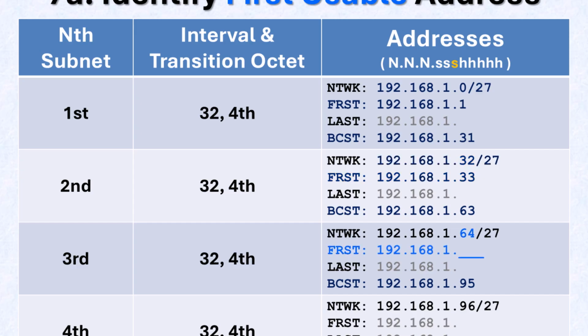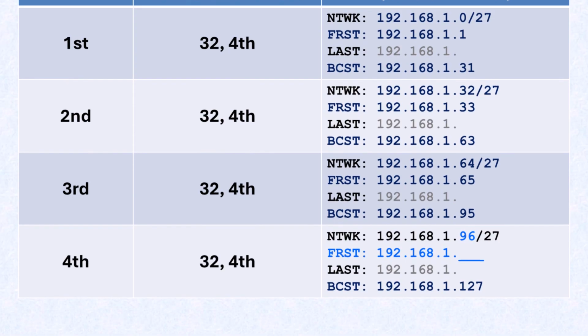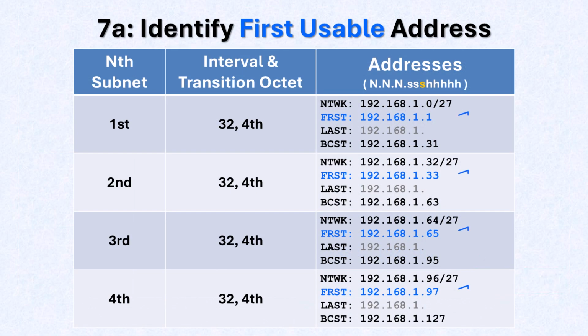For subnet 3, add 1 to 64 to get .65 in the last octet. And finally, for subnet 4, adding 1 to 96 gives .97 in octet 4. The highlighted addresses represent the first assignable address of each subnet.